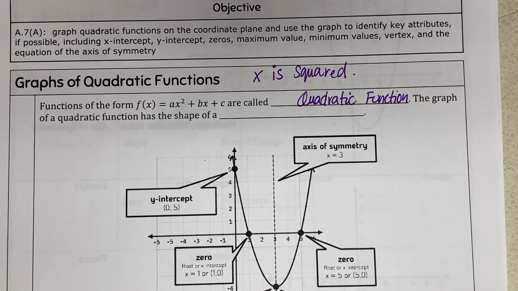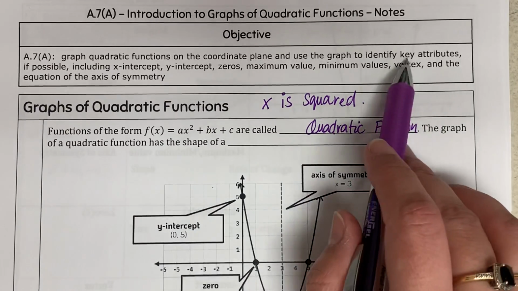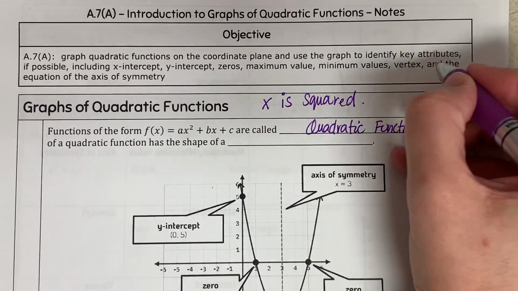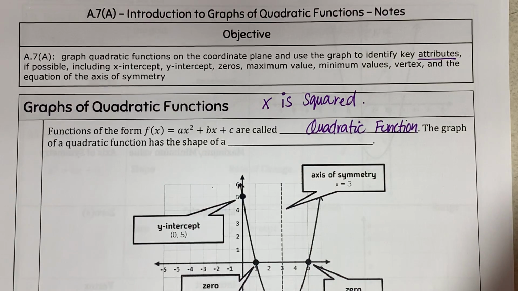So the goal for today is the introduction of the graphs of quadratic functions. That means we are going to identify the key attributes. Attributes means features or properties, like attributes of a person could be eyes, nose, ears, hands, feet.